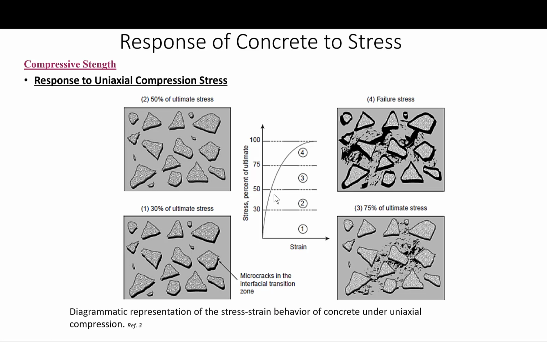Until about 50% of the ultimate stress, we will get a stable system of microcracks which appear to exist in the interfacial transition zone. This is basically stage 2 on the curve, and the matrix cracking is still negligible in this stage.